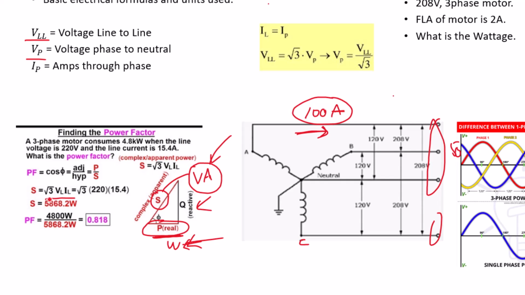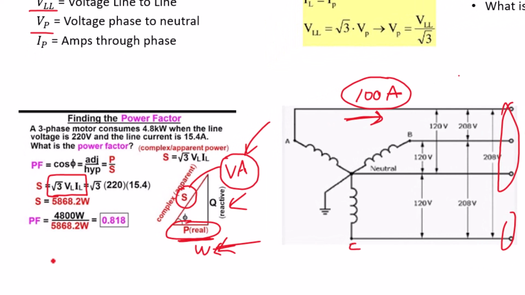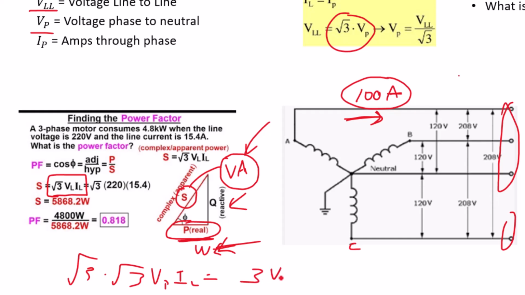Okay, so when we look at this formula here, you can see that it's square root 3 voltage line to line I line. So voltage line to line is equal to this right here. So once you replace that into the V line, you get square root 3 times square root 3 VP IL. These two square root 3's will cancel out to just a 3 VP IL.